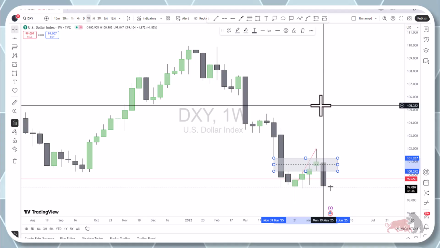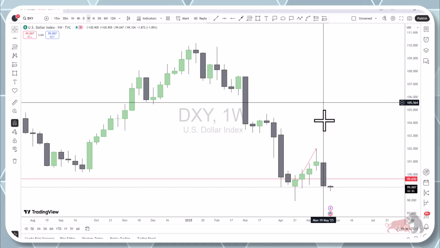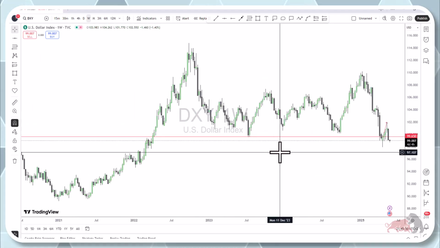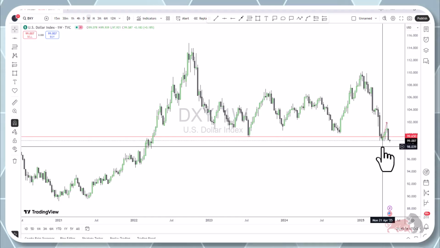So your downside targets on dollar index, you are looking at 97.80 and 97.90 region, right? That's where you should be looking for dollar to head to. We're talking of the lows of April.